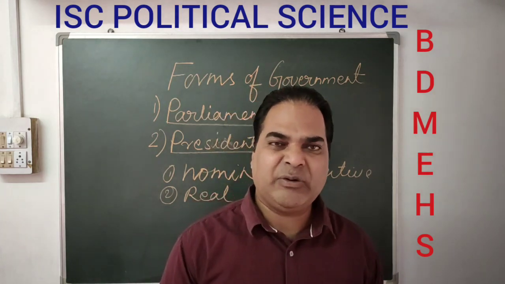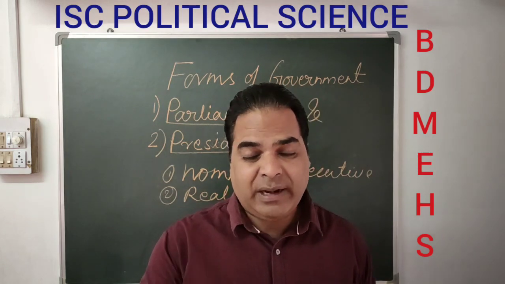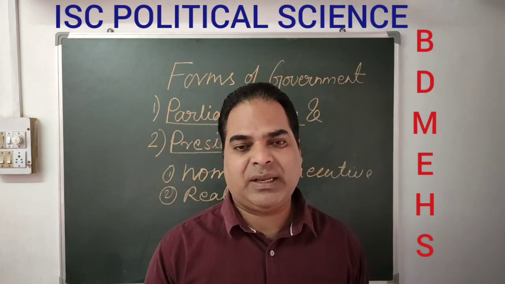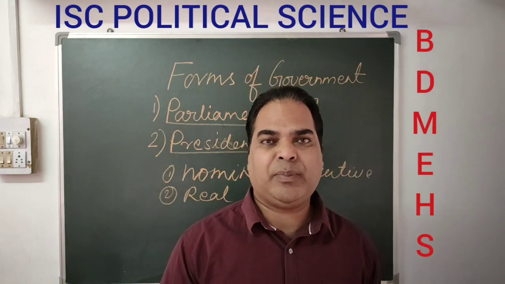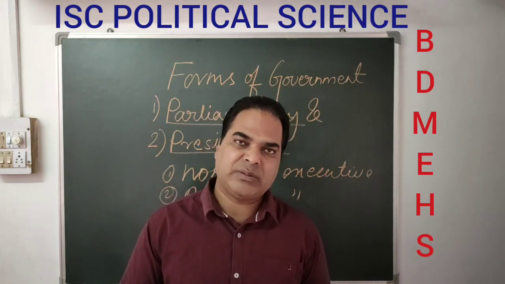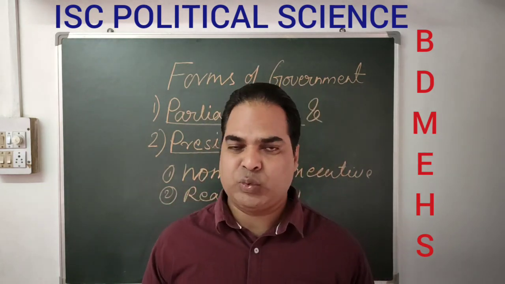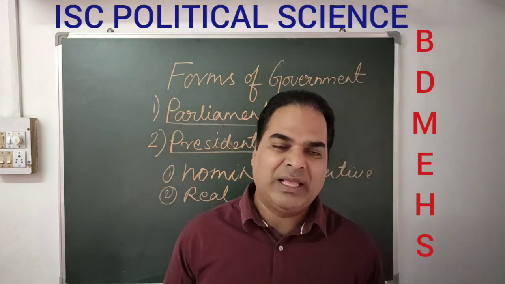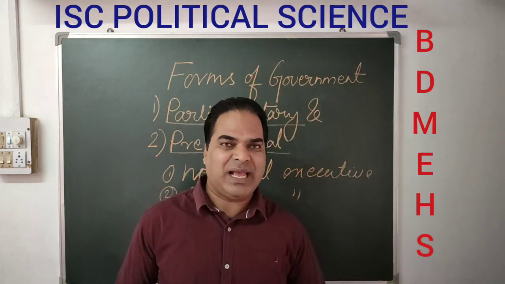Whereas the real executive, the executive head of the country, elected directly by the people of the country, is responsible to the parliament as well as to the country as a whole. They are accountable to the parliament as well.